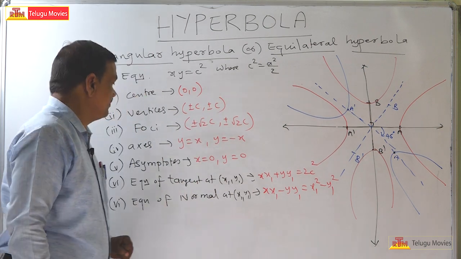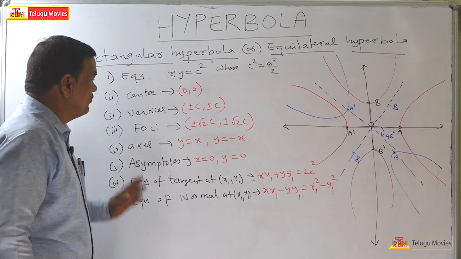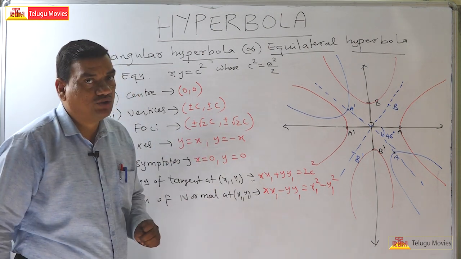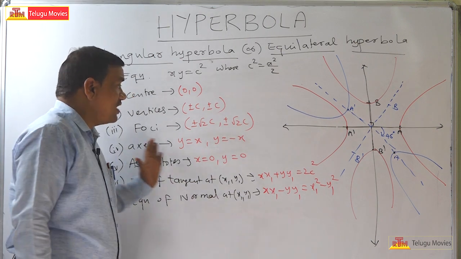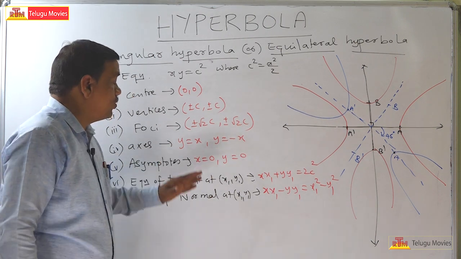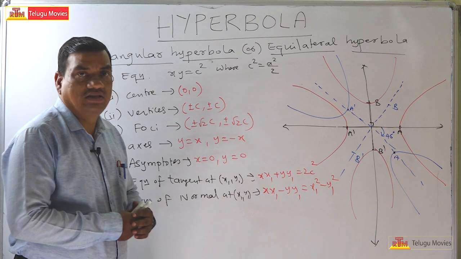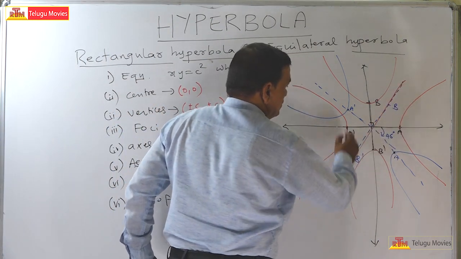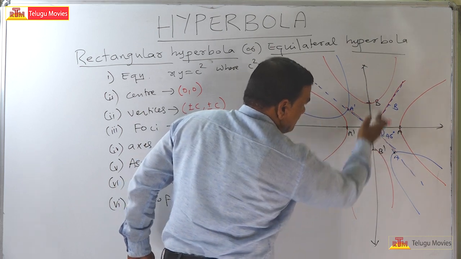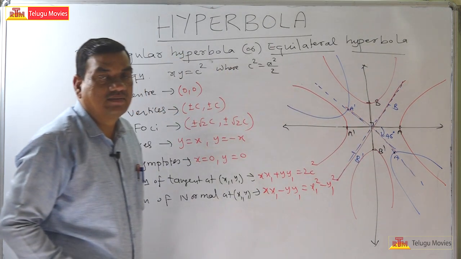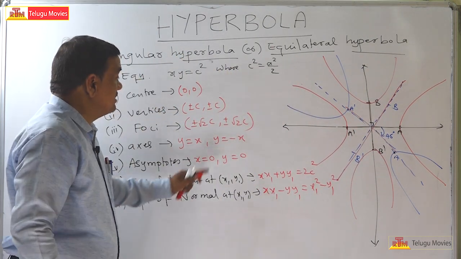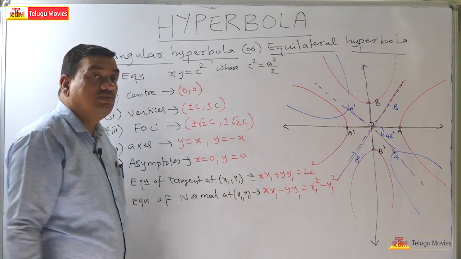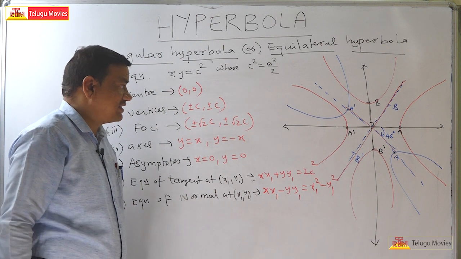Now coming to the foci. The foci are also plus or minus root 2 c, plus or minus root 2 c. Now the axes will be y equals x and y equals minus x. So this is called the transverse axis and this is the conjugate axis. The conjugate axis is y equals minus x, and the transverse axis is y equals x.